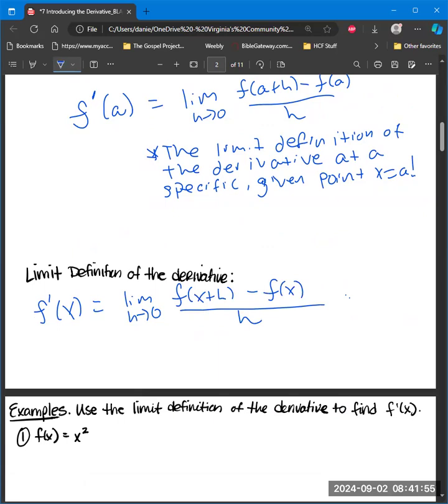This is going to give us the function that we were talking about before, a slope generating function, to find the slope of any point on the curve.